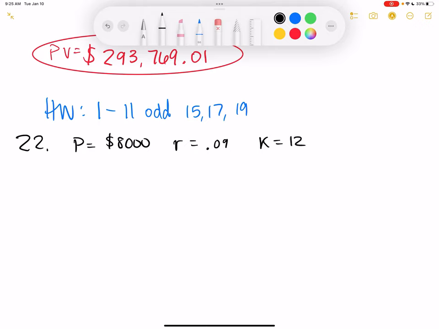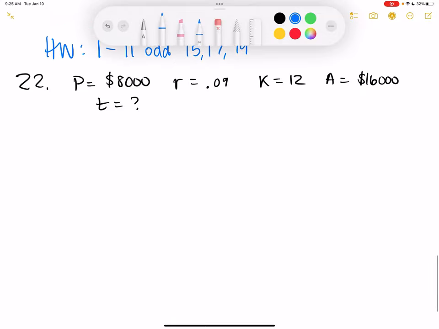And then we're told at the end that we want to know how long it takes until her account has grown to $16,000, so that would be A. So A is going to be $16,000. Then we're solving for T because we want to know how long. So we're using the formula A equals P times 1 plus R over K raised to the KT.